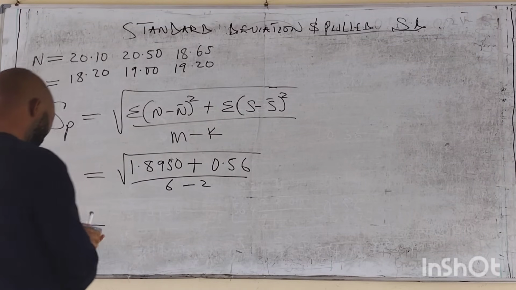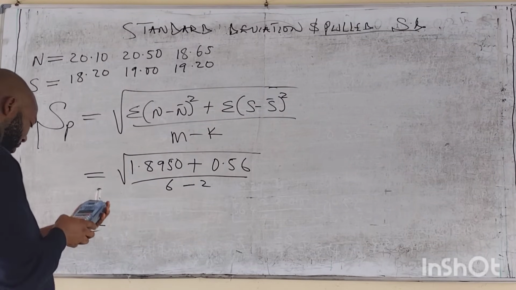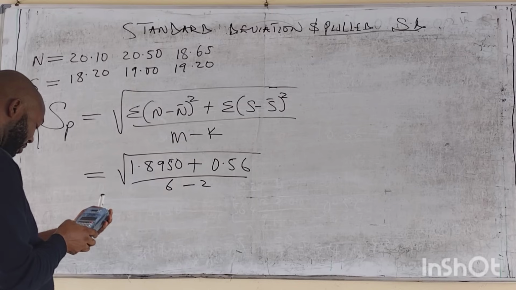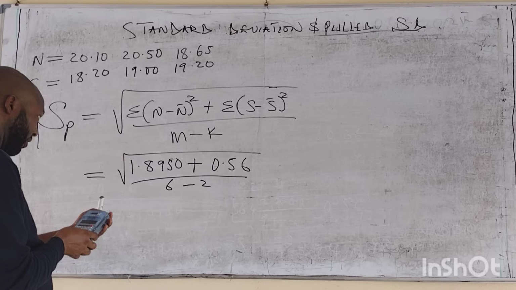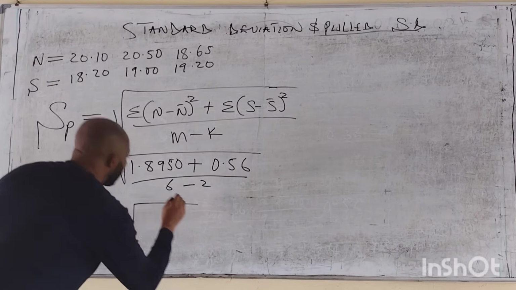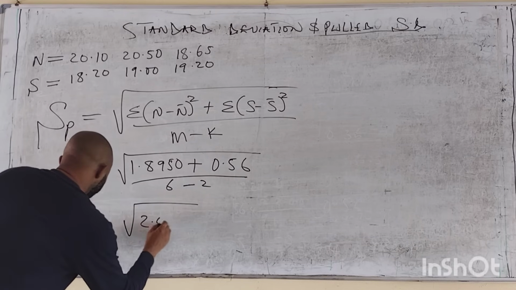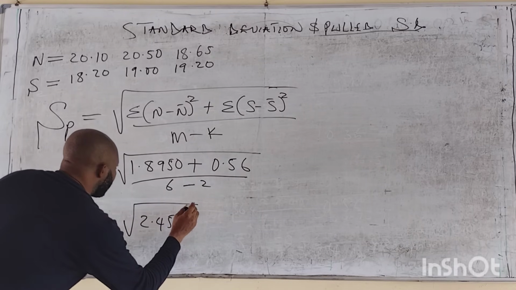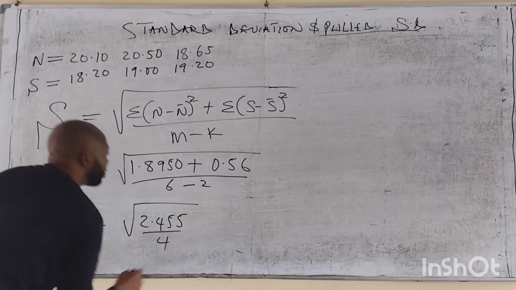This is equal to 1.895 plus 0.56. This is the root of 2.455 over 4.